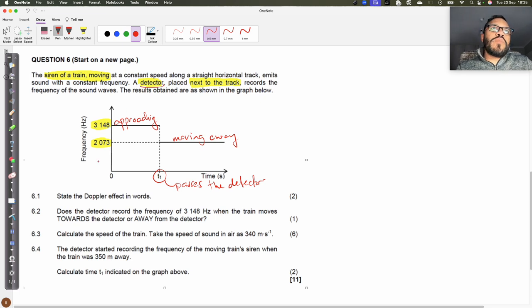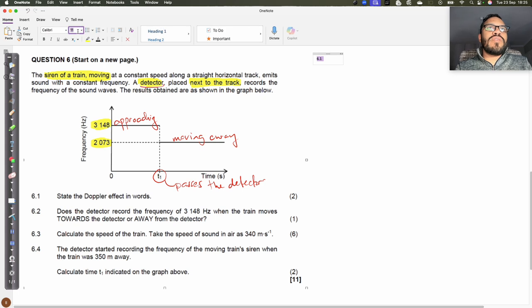Now for 6.1, remember you need to memorize the Doppler effect definition, and you must do it in such a way that you give us the definition the way it is in the exam guidelines, right? So I'm going to put it here. What is the definition? It is the change in frequency of the sound detected by a listener, right?